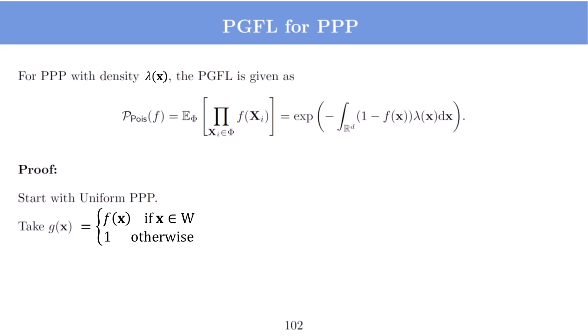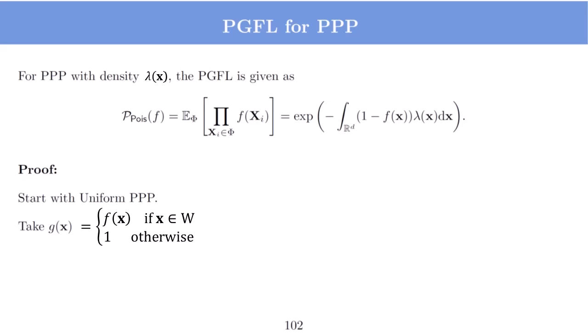We'll start with the uniform Poisson point process, and first we will only take points inside W. So I'm going to define a new function g(x), which is f(x) if x is in W, and otherwise it is 1. So all the other points which are outside this set W, their value is just 1.